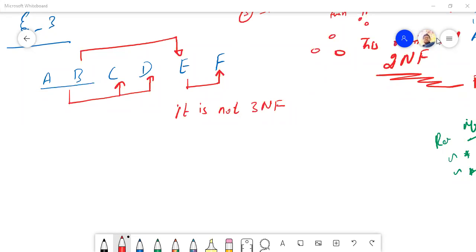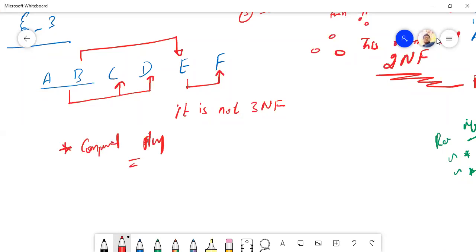For partial dependency, we don't talk more and more about the non-key. We talk about the non-key especially during transitive dependency. In partial dependency, we talk more and more about the composite primary key.